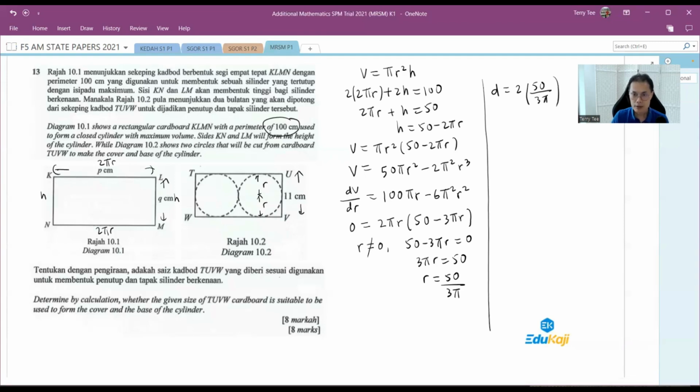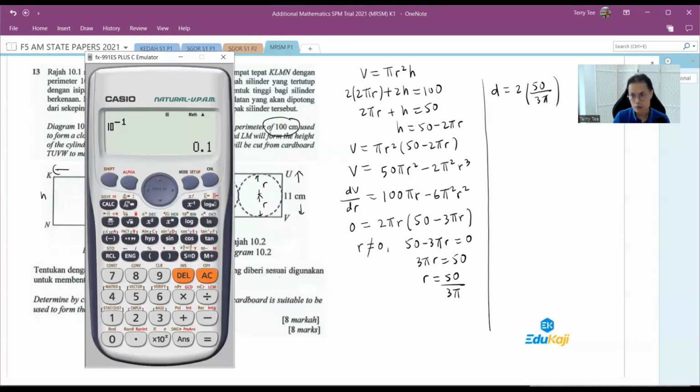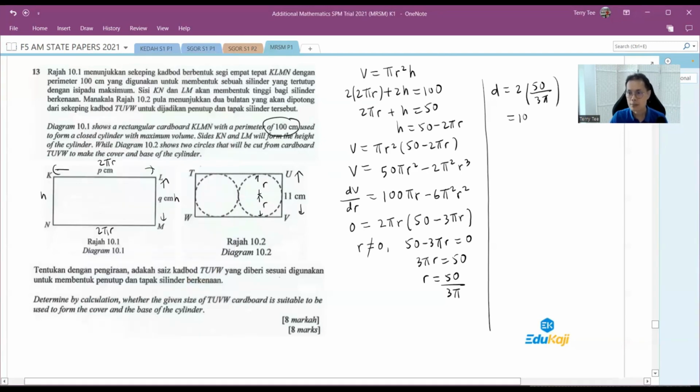So we can use our calculator to verify. 2 times 50 is 100. Divide by 3 pi. Normally they would tell you to use 3.142, but even if you use the calculator pi, in this case it doesn't make a difference. 10.61. So if your D is 10.61, you can see that this is less than 11, correct?